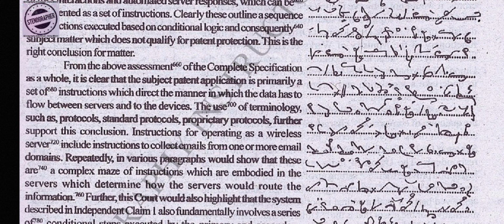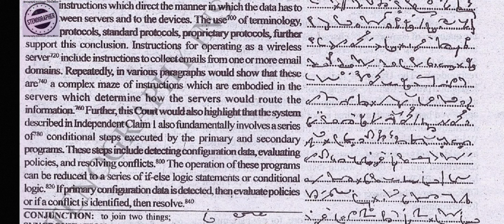Instructions for operating as a wireless server include instructions to collect emails from one or more email domains. Repeated occurrences in various paragraphs would show that these are a complex maze of instructions which are embodied in the servers, which determine how the servers would route the information.